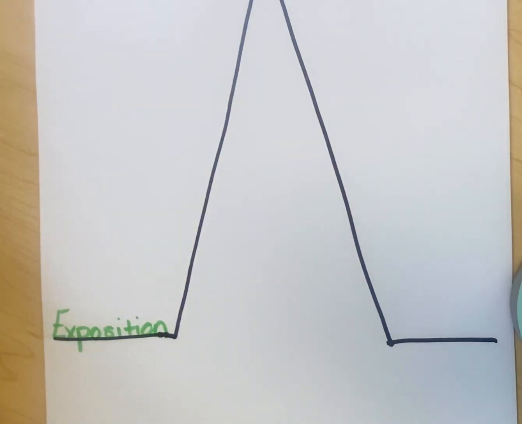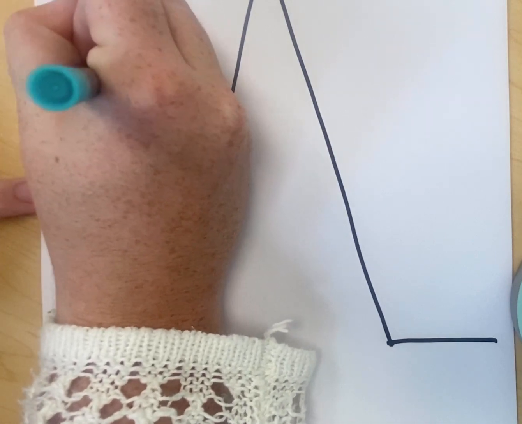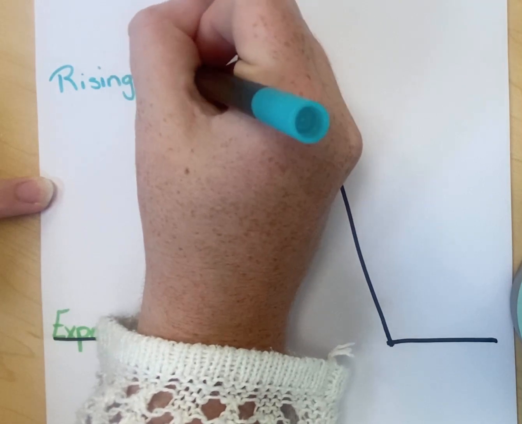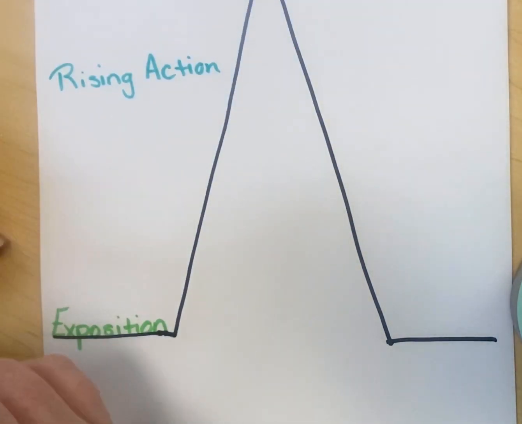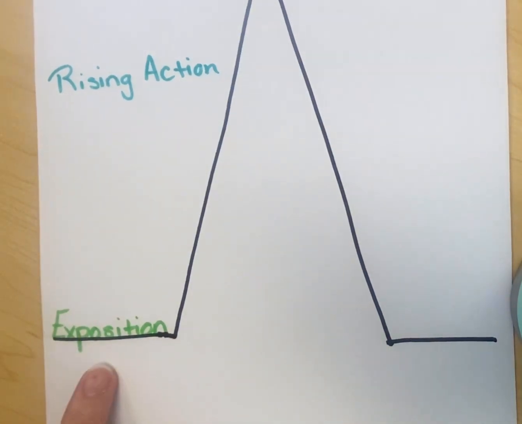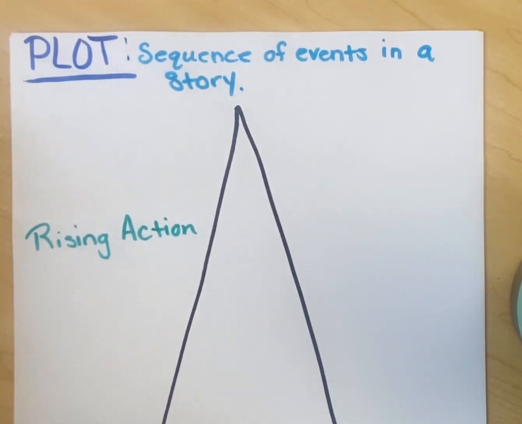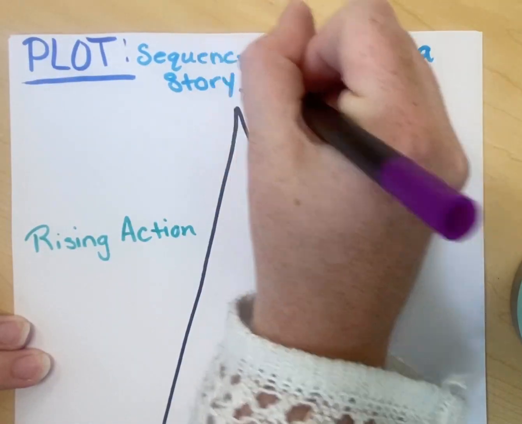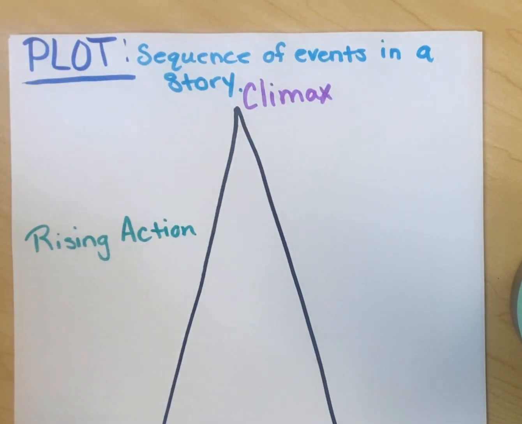Our next thing, right here, is rising action. Rising action. And we're going to go over what all these terms mean in just a second. So we've got exposition and we've got rising action. All right, now up here at the very tippy top point, we have the climax, which is the most interesting part of the story.